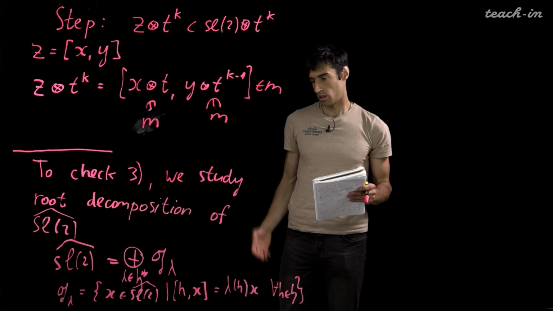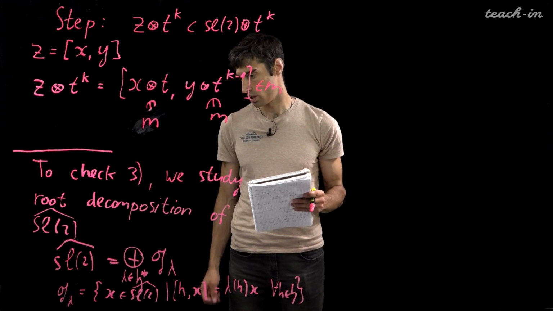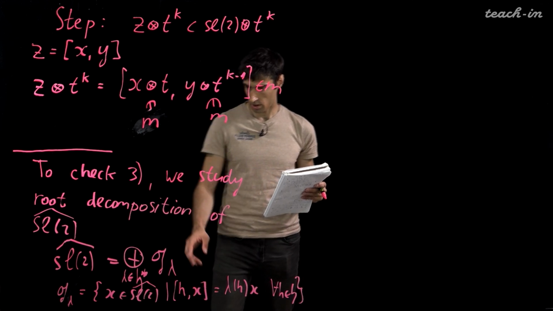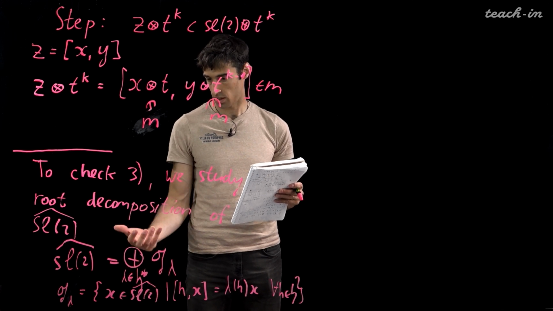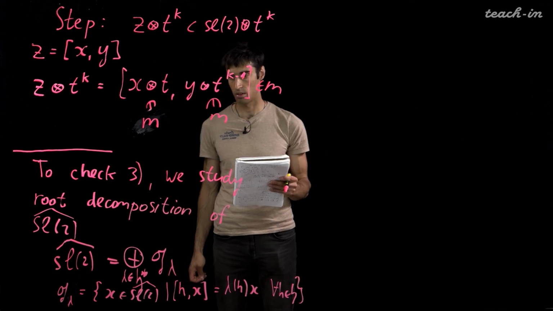So the question is, for which lambda G lambda is not 0. Such lambda are called roots, and the corresponding decomposition is then called root decomposition.